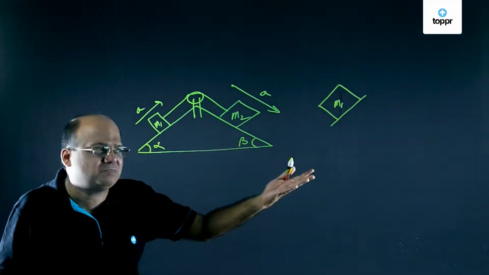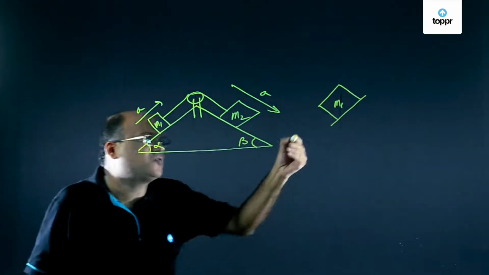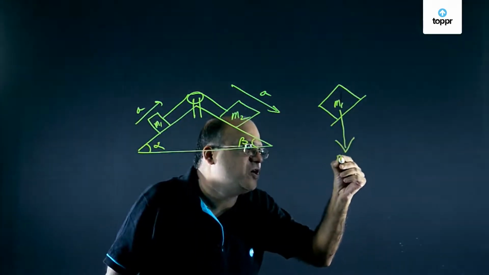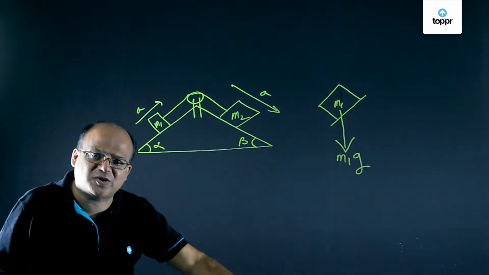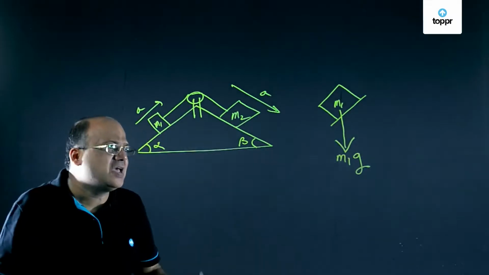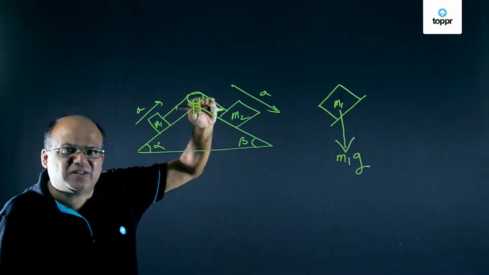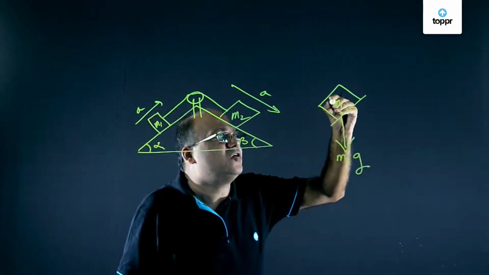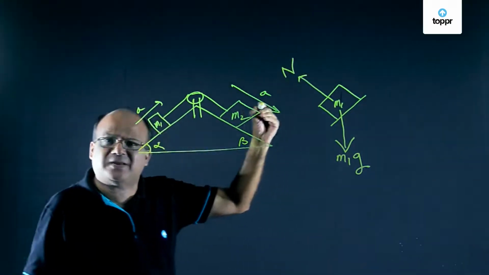Look at m1. m1 has mass, so weight acts vertically downwards, toward the center of the earth. m1 is lying on an inclined plane, so it is pushing that plane. And because of that, normal reaction will act perpendicular to the plane.